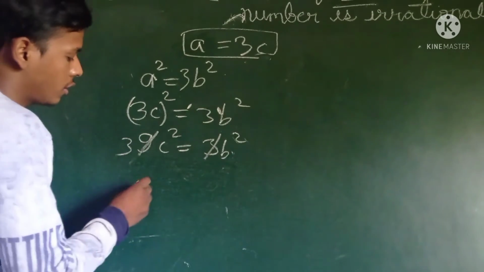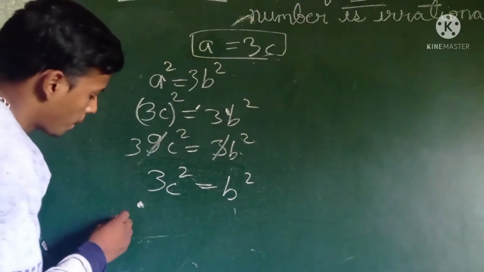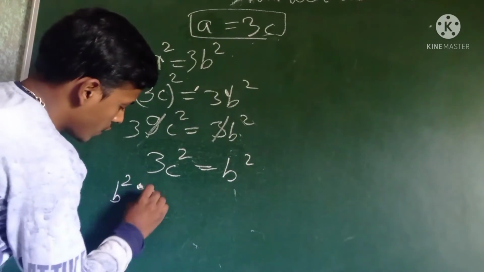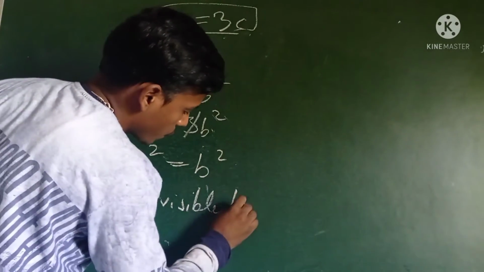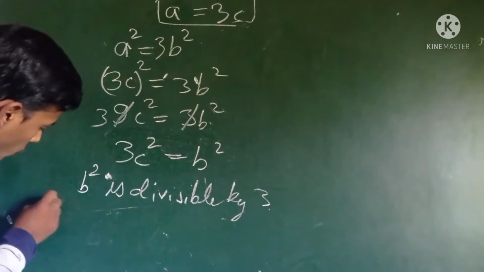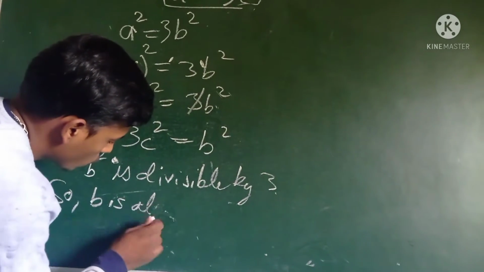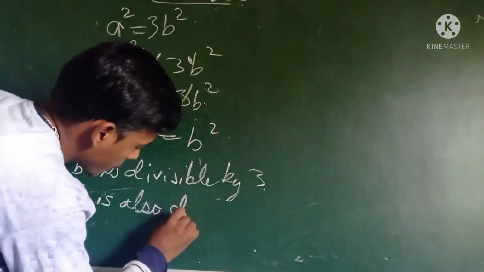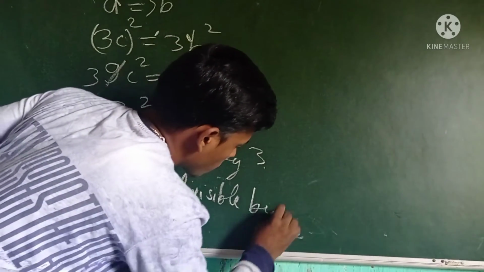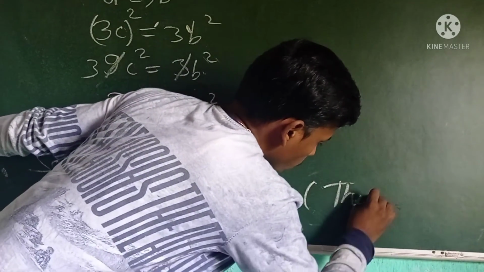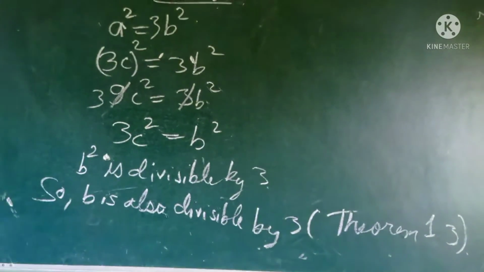I have written this here. 3c square is equal to b square means b square is divisible by 3, so b is also divisible by 3 by theorem 1.3.